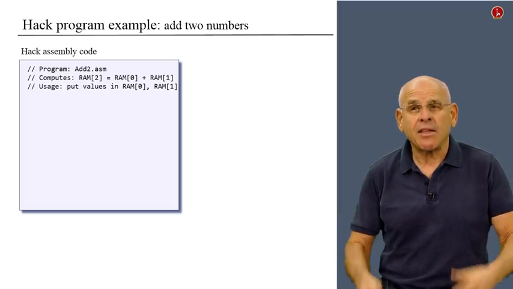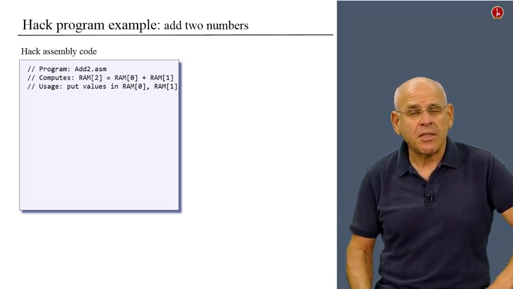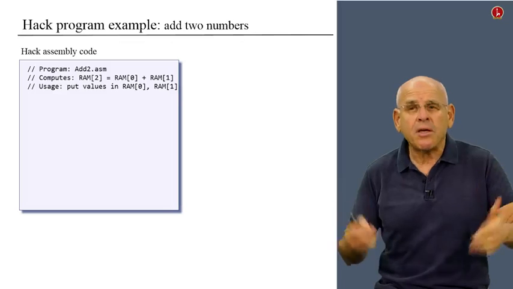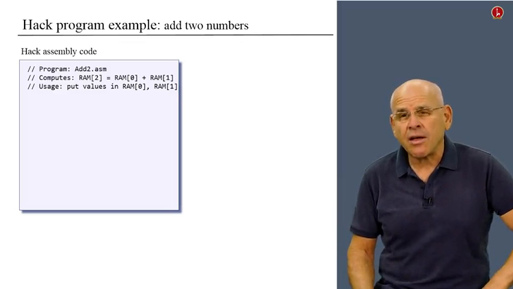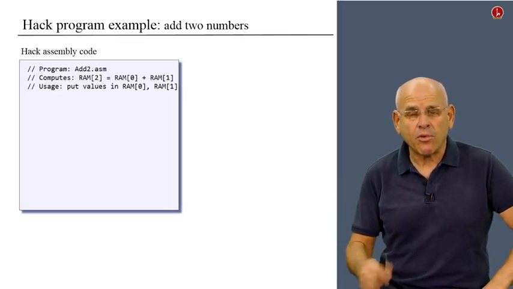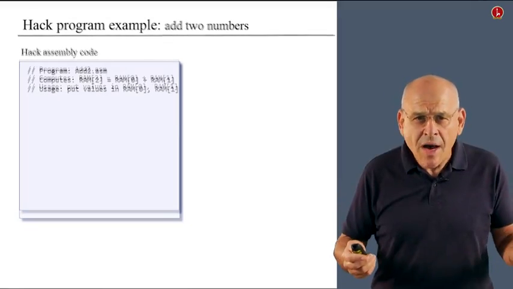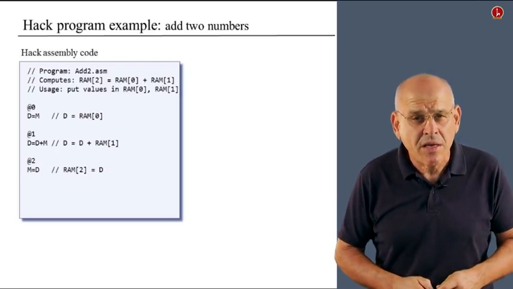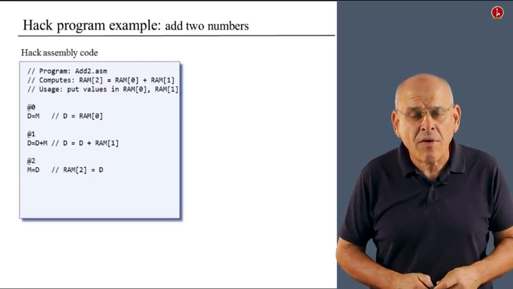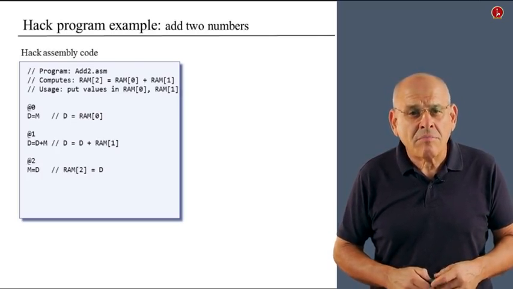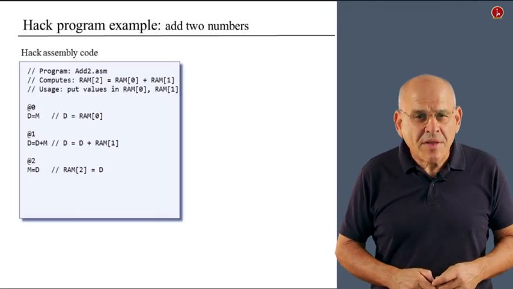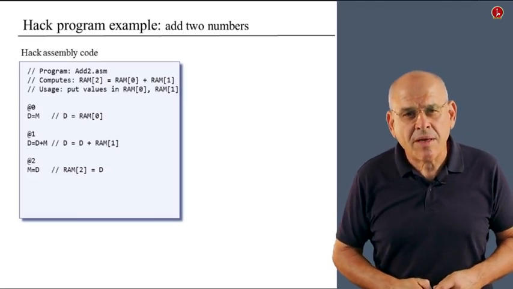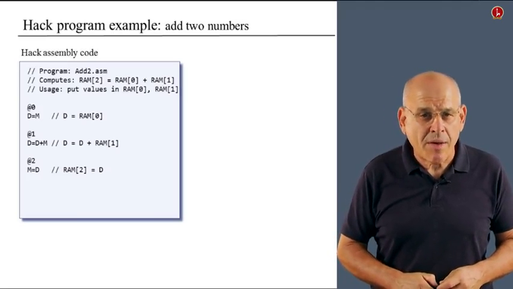We just decided that we'll use the first 2 words in the memory for input, so to speak, and the third memory word for the output of this program. So how do we do it? Well, you may have guessed, we use very similar operations to what we did before, and if we run this program, hopefully it will compute the sum of RAM 0 and RAM 1.